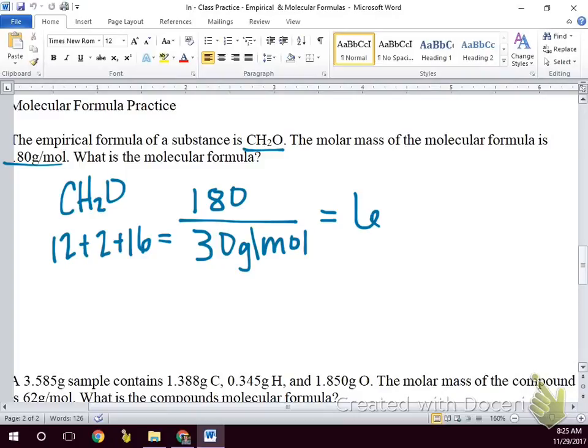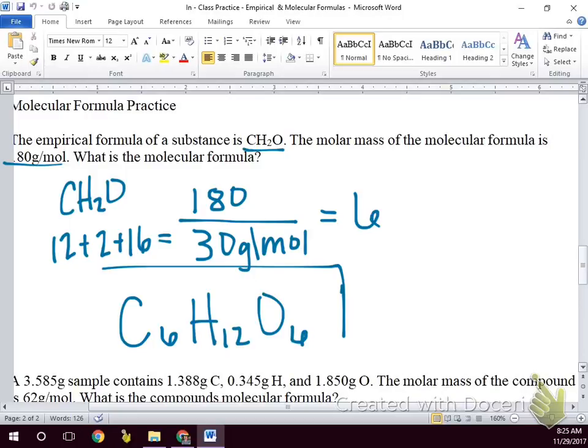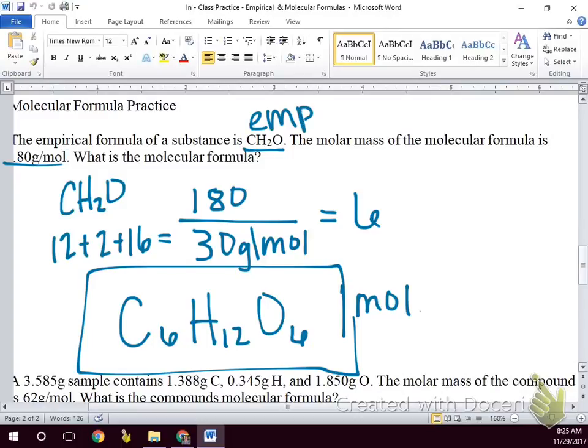So we'll always take the bigger over the smaller, and we get 6. That means the molecular formula of our compound is C6H12O6. So this is the molecular, and this is the empirical. Empirical is the smallest. Molecular can be a little bit bigger than that. Questions so far?